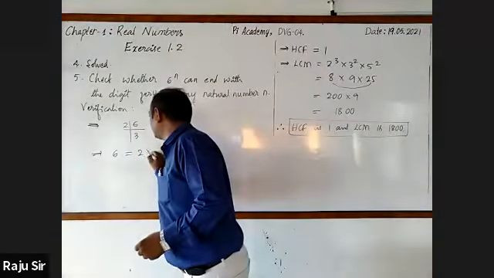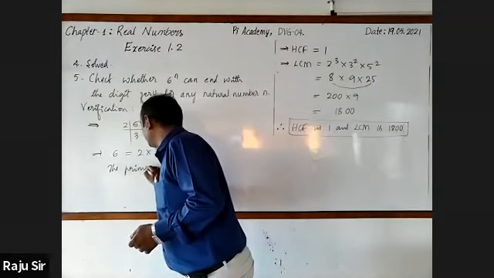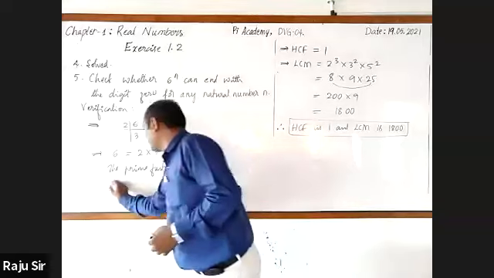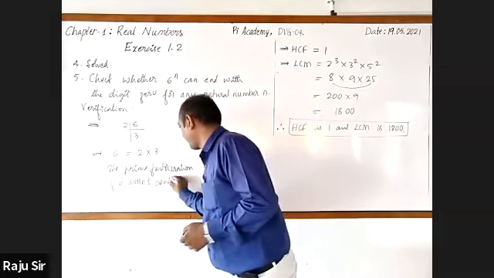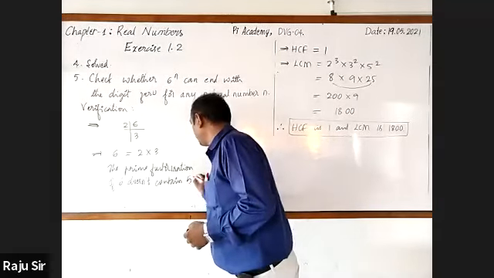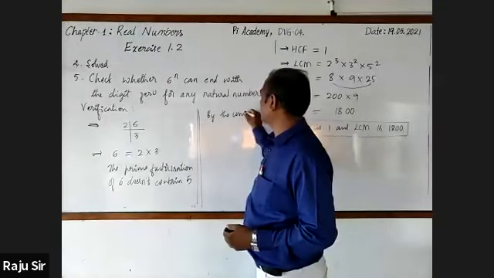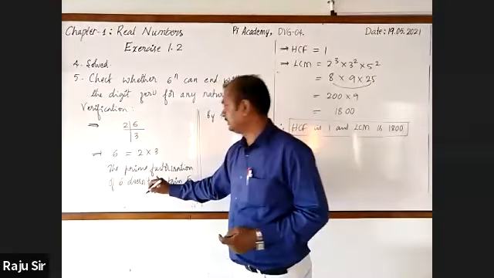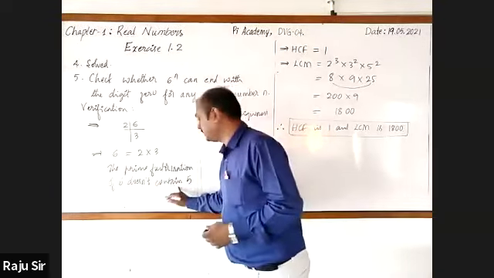I'll write 6 is equal to 2 into 3. Here I'll write the prime factorization of 6 does not contain 5.